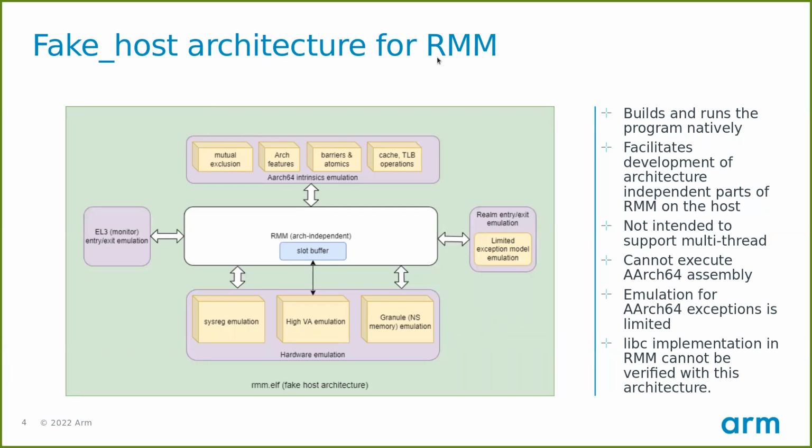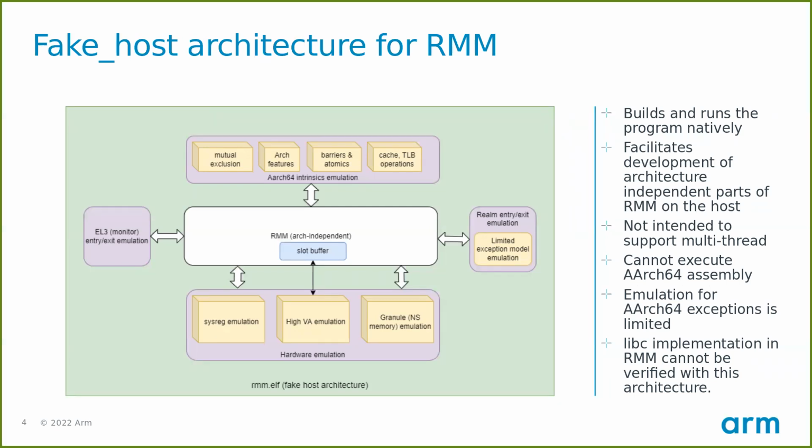The fake host architecture allows RMM to support building and running the program natively as a regular user space application in the host machine. We achieve this by emulating the AArch64 specific parts of the program on the host machine by using hooks or callbacks in the program. The implementation of these callbacks can differ based on the target deployment of the program in this mode.